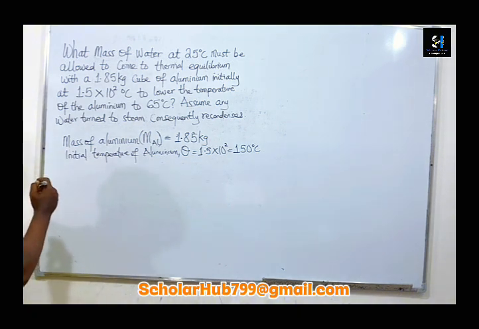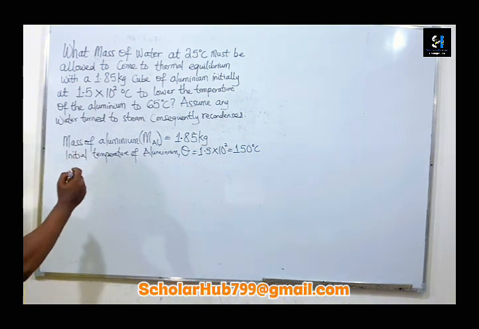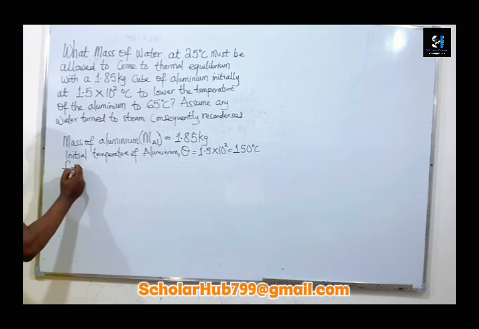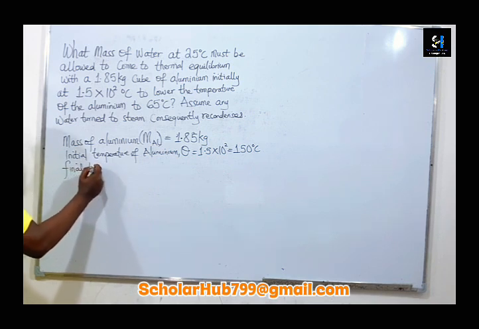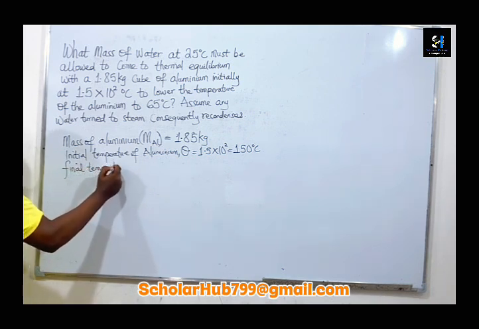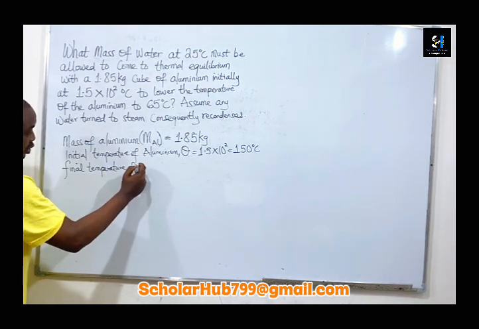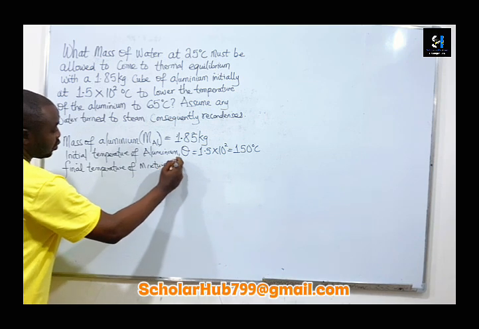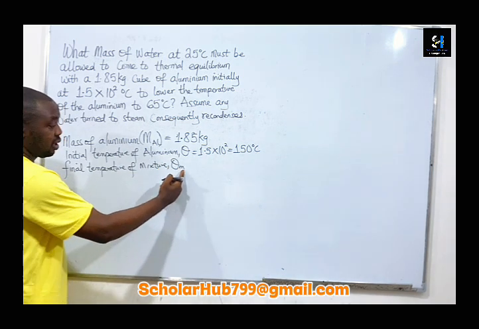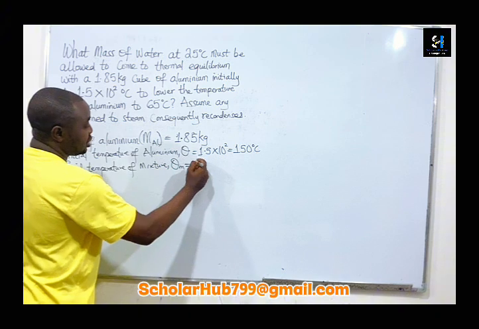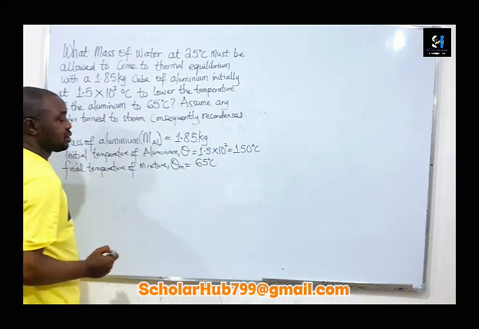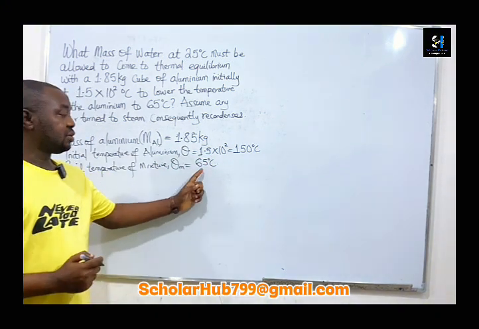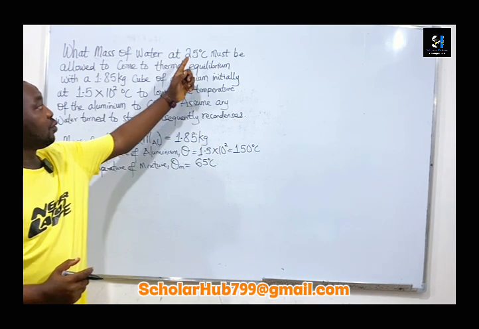To lower the temperature of the aluminium to 65 degrees Celsius, we have the final temperature of the mixture, which is theta subscript n. The temperature of the mixture is 65 degrees Celsius. So this is the final temperature of water.